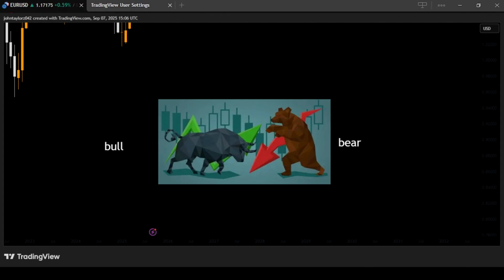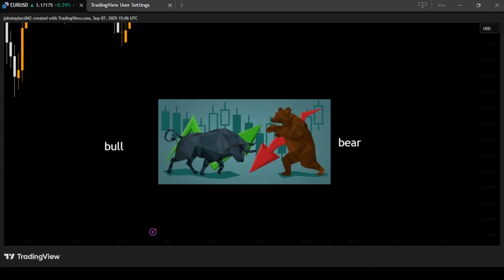When a bull wants to attack, it tends to raise you up from the ground, so that is a bullish market. Bearish is the opposite: when a bear attacks, it tends to strike you down. That is where these terms are derived from.